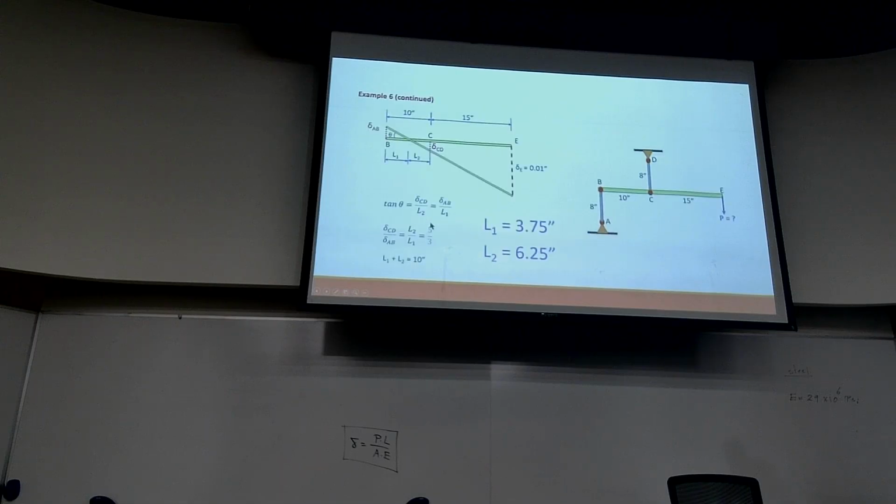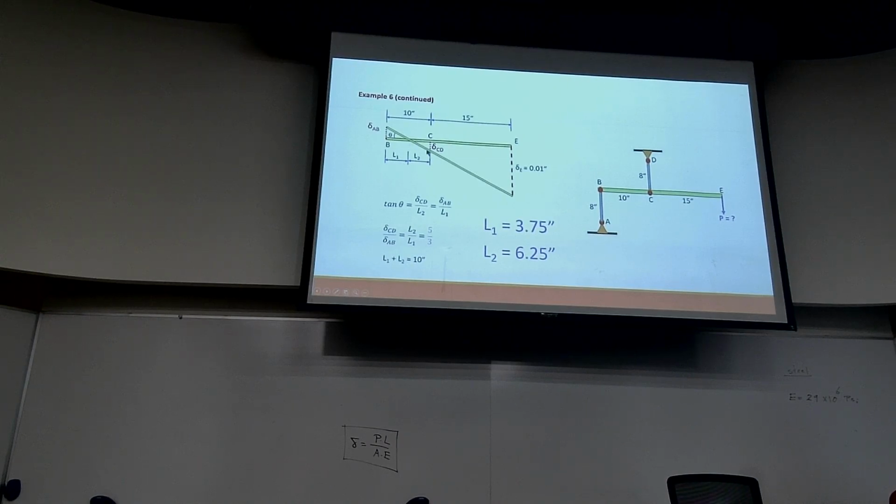And then here we look at this angle here. I call this L1 and that L2. Obviously, they add up to 10 inches, it's shown here. But if you look at this angle, tangent of this angle theta is delta AB divided by L1.